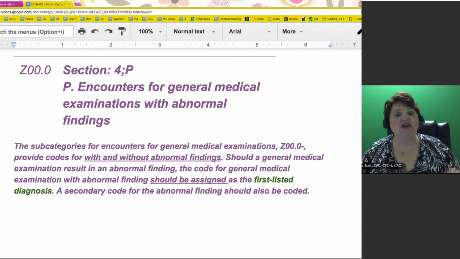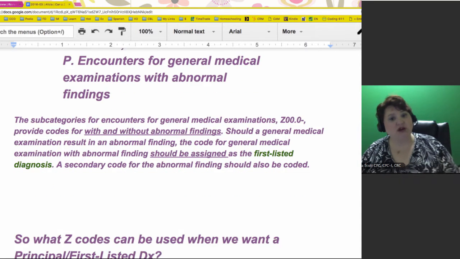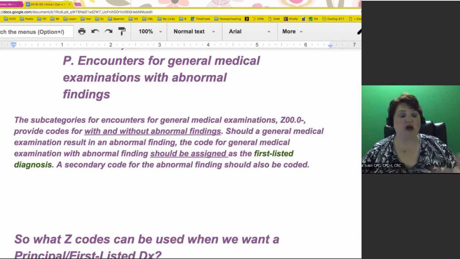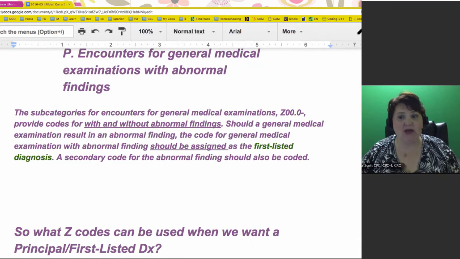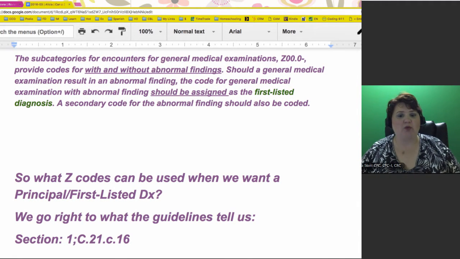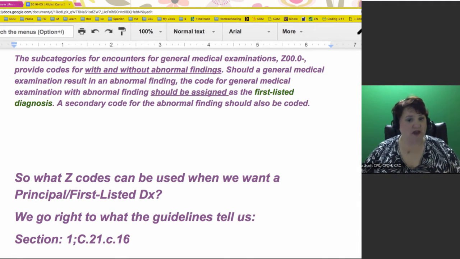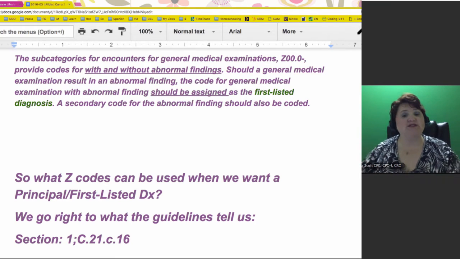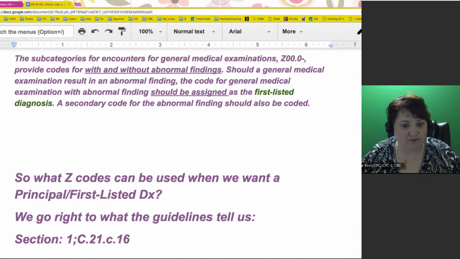A secondary code for the abnormal finding should also be coded. Okay, so you come in for your pre-employment exam and they say, hey, you've got hypertension, and then you will have with abnormal findings and hypertension. Okay, so that is what could happen with this common Z code.